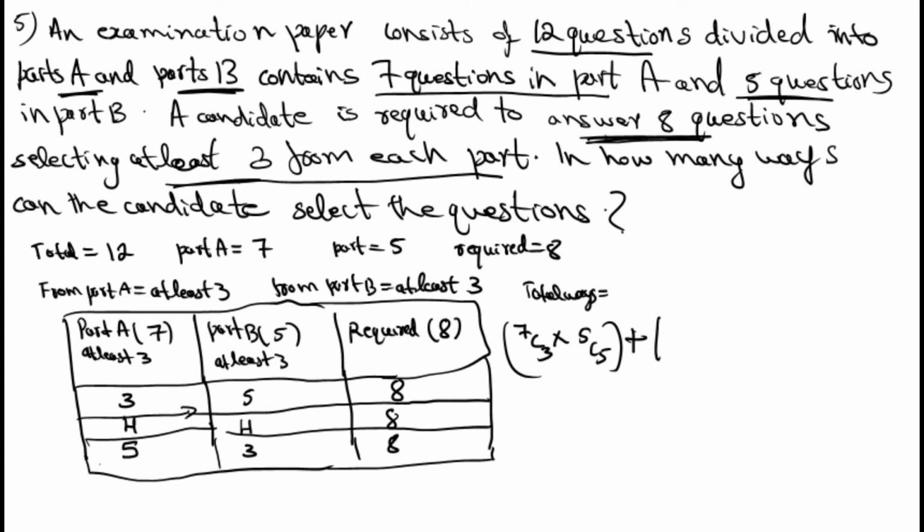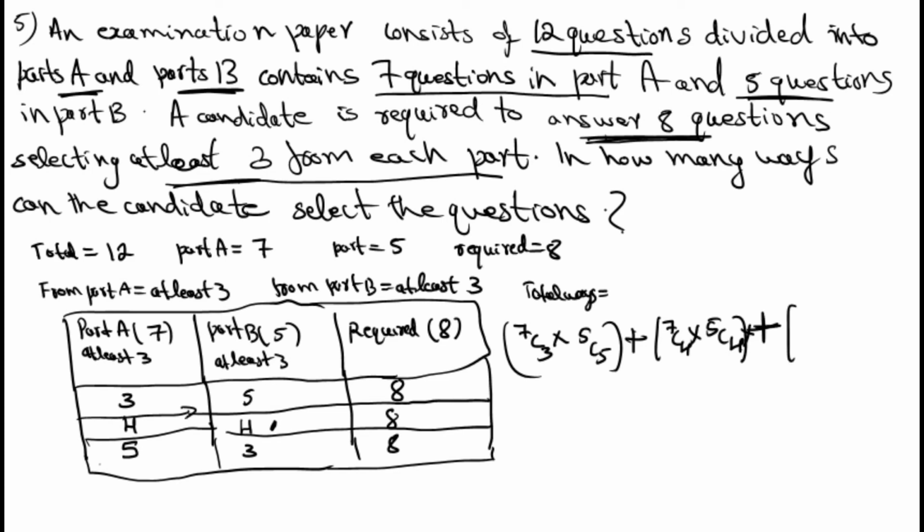So plus second case 7C4 into part B 5C4, okay, this is the possibility for the second case. Or third case, what's the third case? Plus write the third case.